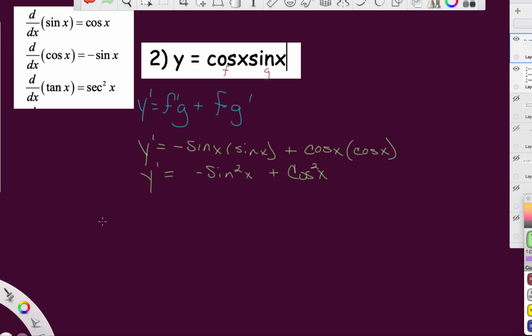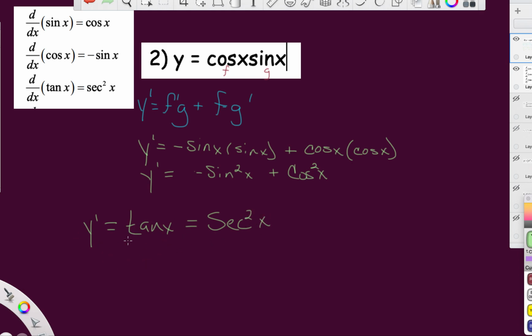I may say, as extra credit, please show me the process of finding y prime or d/dx of tan x. How did we get to secant squared x? All right.